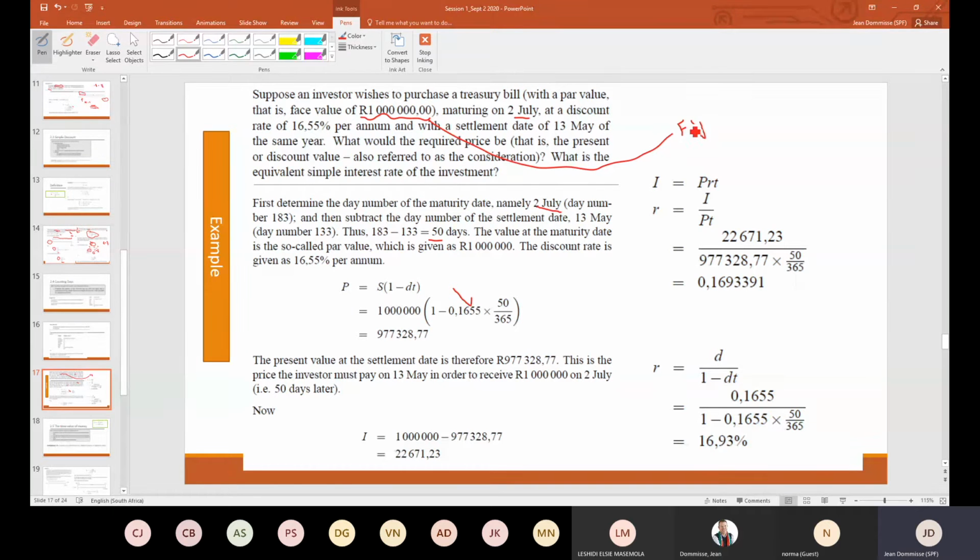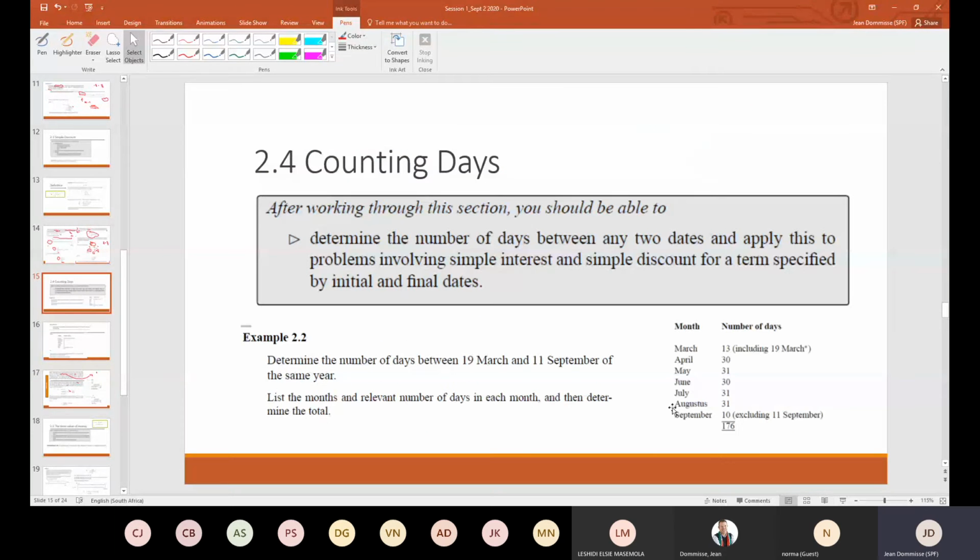Let's quickly see if we do it the other way around. From the 13th of May, May has 31 days, if I'm correct. So let's see, when it was 31 days, including the 19th, you would have said 31 minus 18.